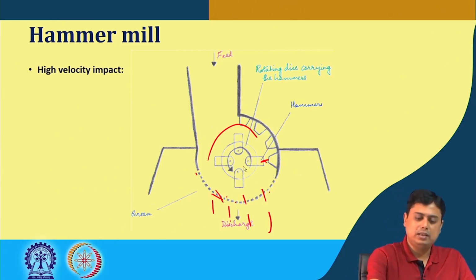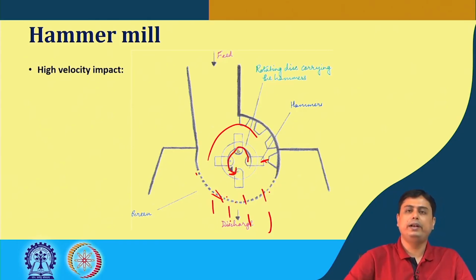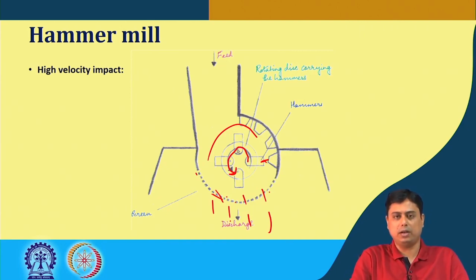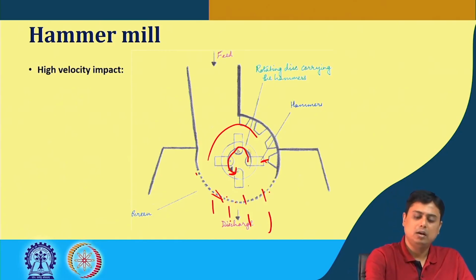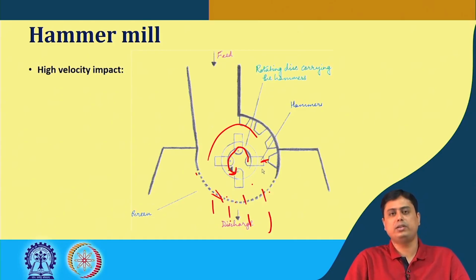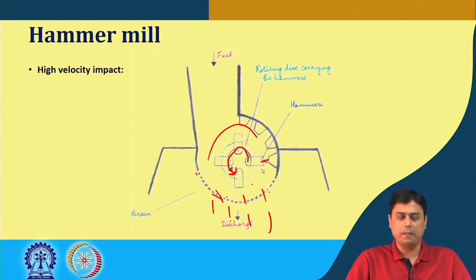Here it is the high velocity of this rotating disc that impacts again and again repeatedly on the particles and creates the finer particles. So, this is the example of high velocity impact on the particle. The dominant mechanism of stress is the high impact velocity, although there are particle attritions, solid particles and solid wall attritions. Attritions are there, but the dominant mechanism is the high velocity impact.